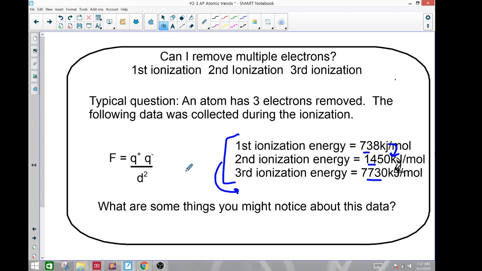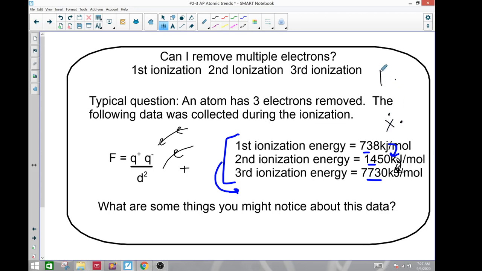So likely at this point, what you want to get out of this is that we have our nucleus, and I have electrons here. What I'm getting from this is that the first two were from looking like this. They're at 1 energy level. But the third one must have been much closer. So the atom that we looked at here must have only had 2 valence electrons.